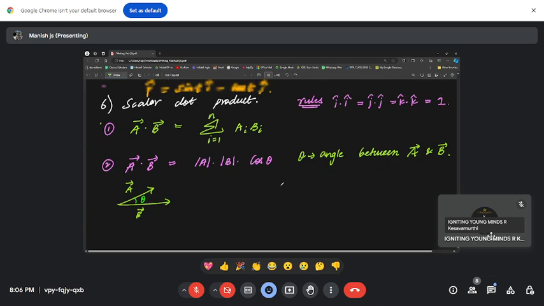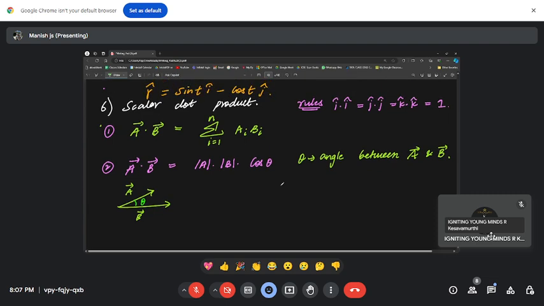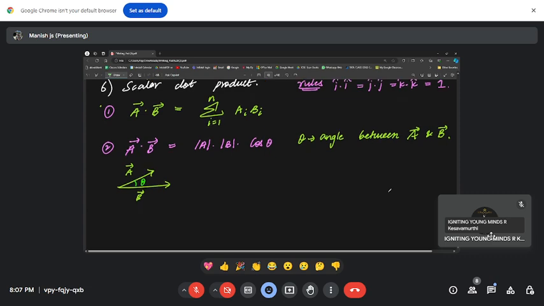Now, coming back to answer the question of why i dot i, j dot j, k dot k is equal to 1. I hope you are aware of the cos function, cos theta. In maths, cos theta has a finite initial value. Is it an increasing or a decreasing function? If you analyze, you know that the domain and range of sine is different, and for cos also it is different.